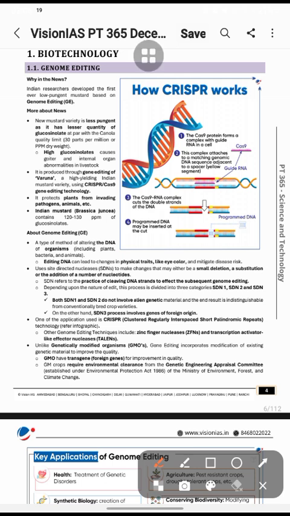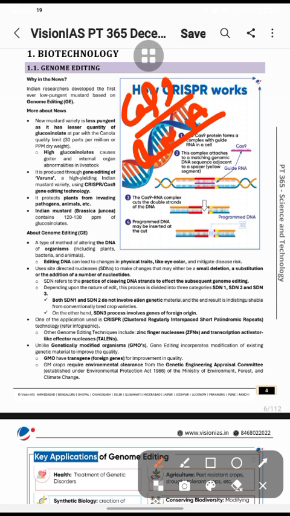Cas9 forms a complex with guide RNA in a cell, and this complex attaches to a matching genomic DNA sequence adjacent to a spacer. The Cas9 RNA complex cuts the double strand DNA, and programmed DNA may be inserted.